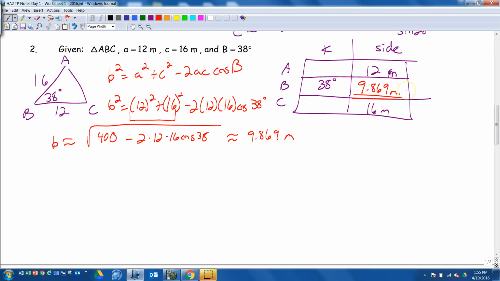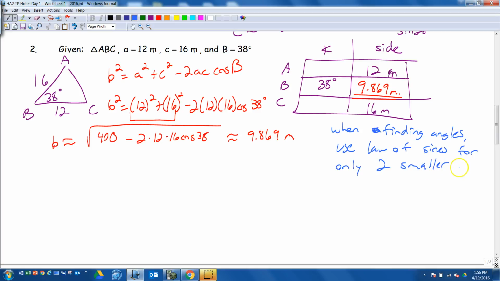Now, I talked about this in class, but I'm going to talk about it again. To be safe, you can use law of cosines again to find C or A. However, you can use law of sines here. When finding angles, you can use law of sines for only the two smaller angles.